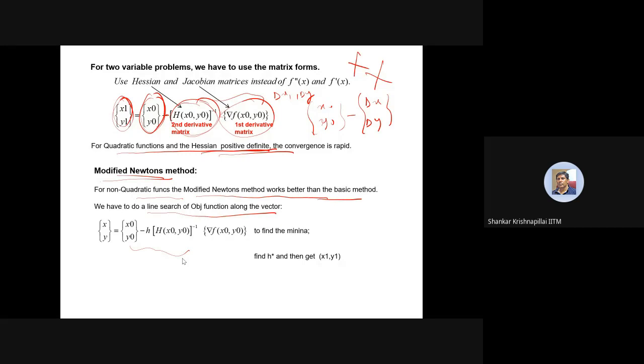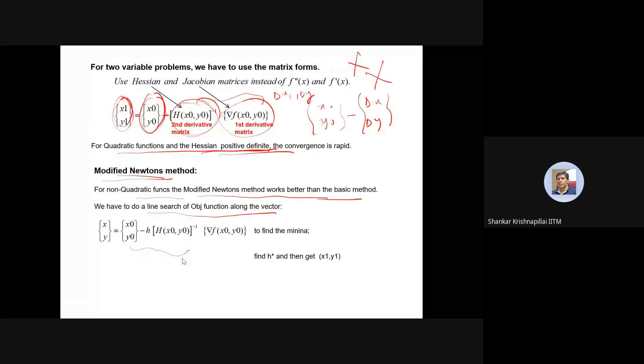This is the equation for the line search. We'll see worked examples of both. This is called the basic method, and this is called the modified method.